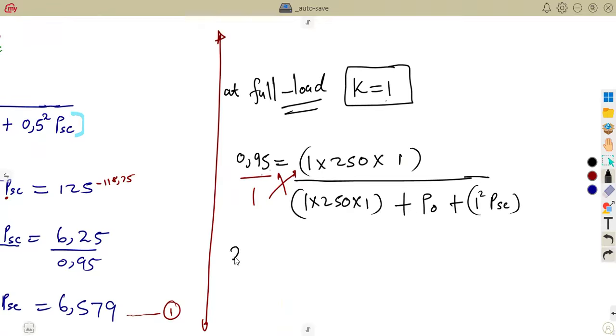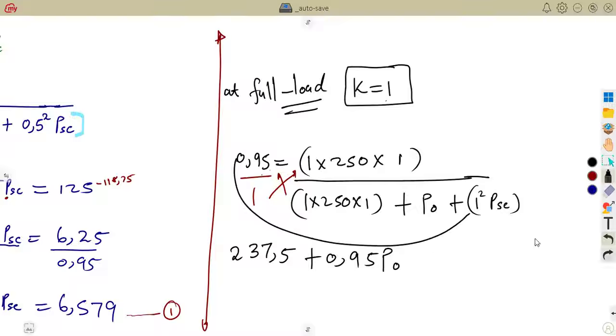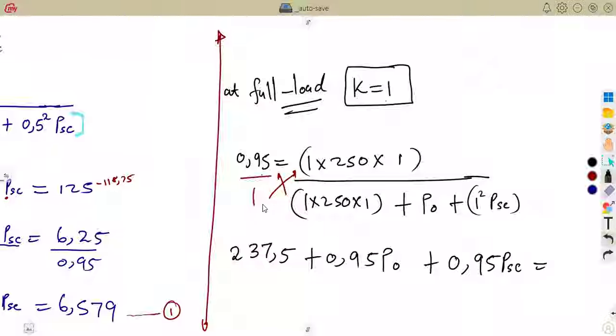It was going to give us 237.5. 0.95 times P open is 0.95 P open. 0.95 times this, 1 squared is 1, so it's 0.95 P short circuit. Then you cross multiply this, multiplies everything here on top. So this is 250.